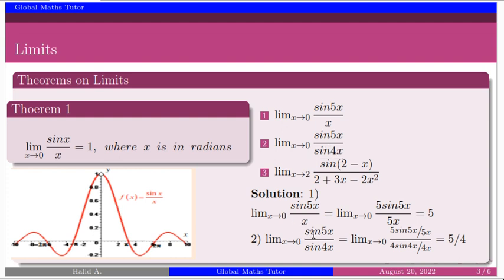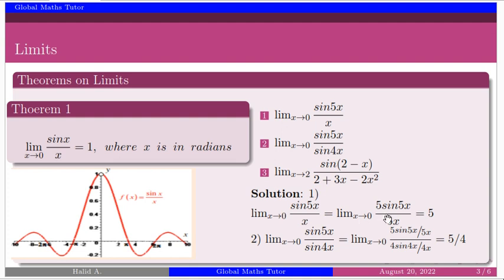So let's divide this one by 5x and let's divide this one by 4x. But first, if we divide both numerator and denominator by x, then it would be sine 5x over x and sine 4x over x.